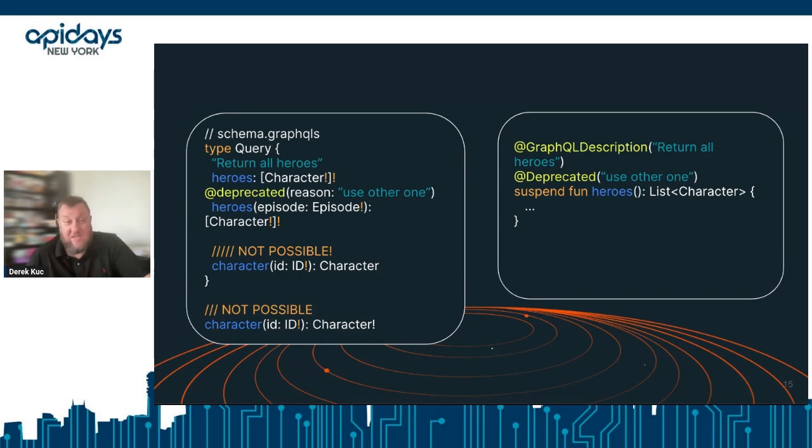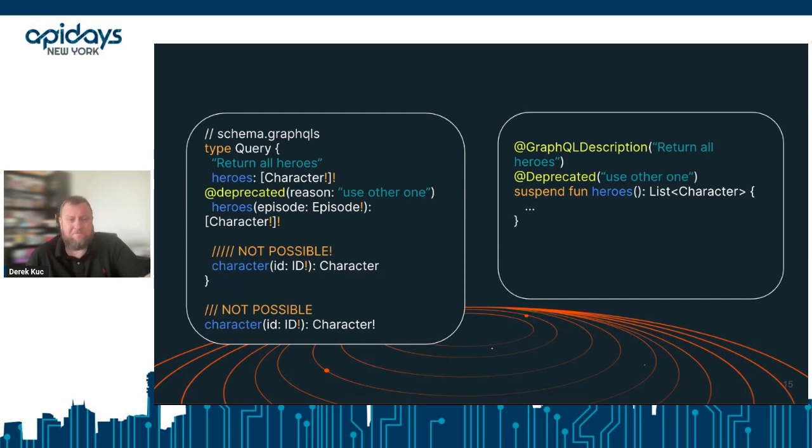So in case of the deprecated, since it's actually a built-in mechanism, and Kotlin has the same built-in mechanism to indicate features that are deprecated, we can just use the built-in deprecated annotation. If you're building any custom directives, you would still create annotations, and you still would annotate the corresponding elements. So it's still the same behavior. But this is providing some extra metadata, maybe changing the behavior for the directives.